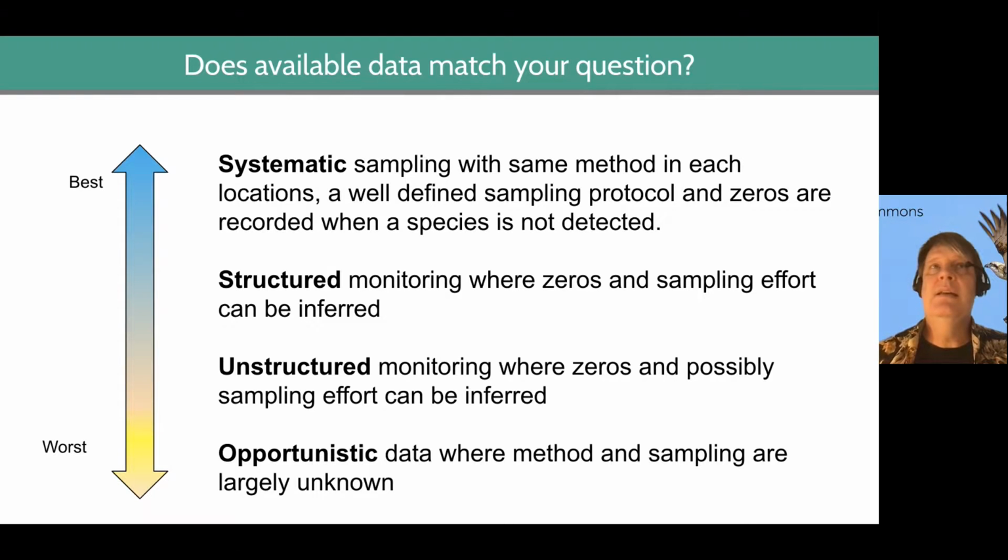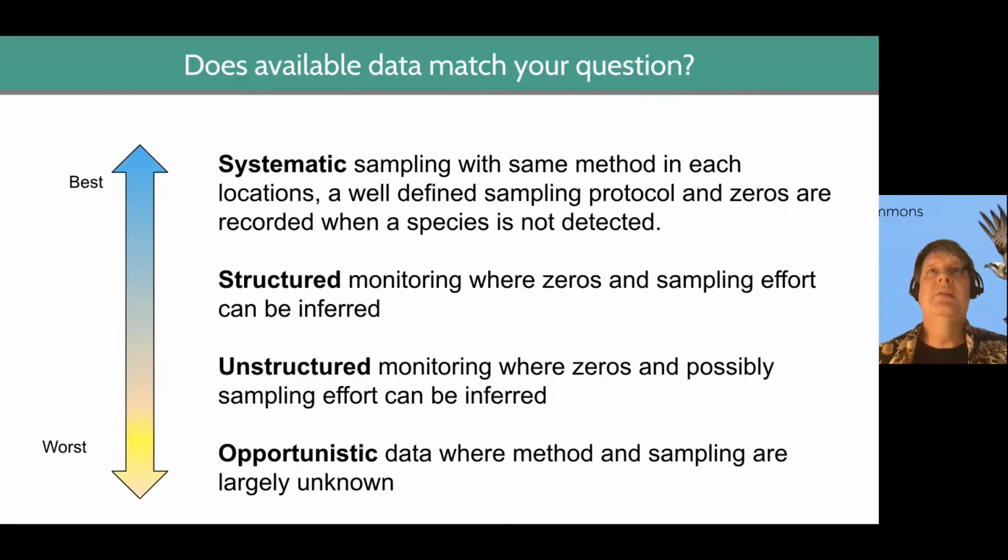You have amazing data, and when you haven't found that species, you've recorded zeros. Those kinds of data are great, right? You can use a simple GLM and get good predictions, and you can get a good map and a good explanation of what variables are important for your species.